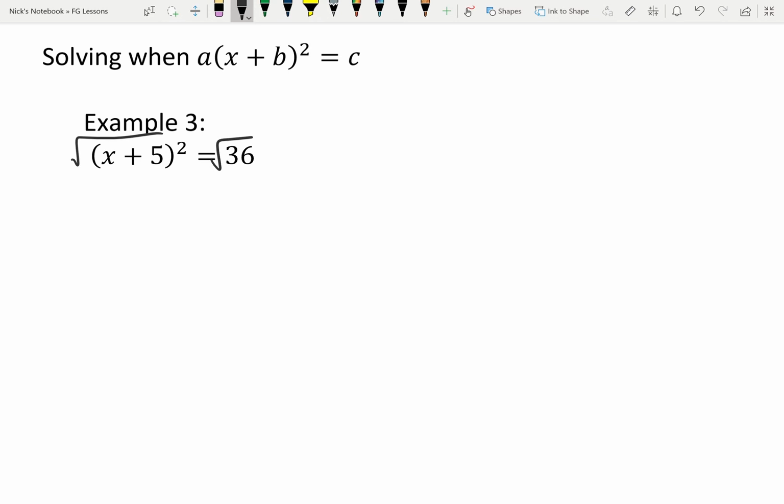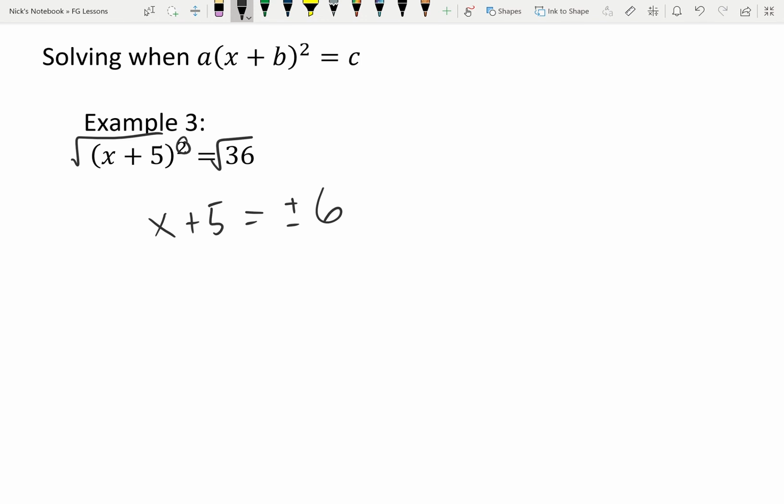So when we square root, this squared just goes away. We undo it. So x plus 5 equals the square root of 36. Well, the square root of 36 is 6, but whenever you take a square root, you always have to do plus or minus. There's those two answers there. This plus or minus really just means there's two separate equations that give you two different answers.